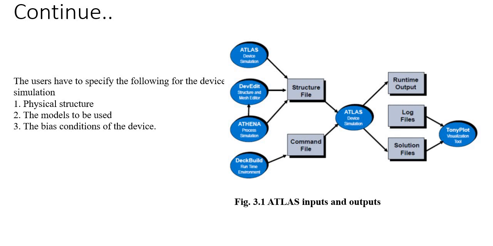Athena also does the same, which is a process simulation. When the structure file is created along with the command file, it goes to the Atlas device simulator, and there a runtime output is created. That output can be seen in TonyPlot for further visualization.